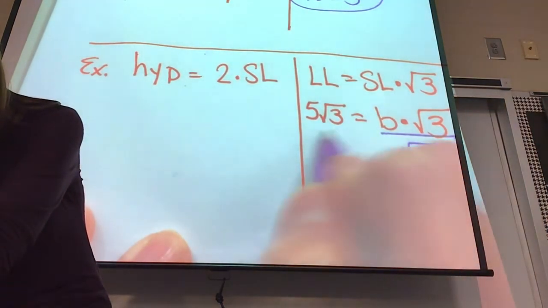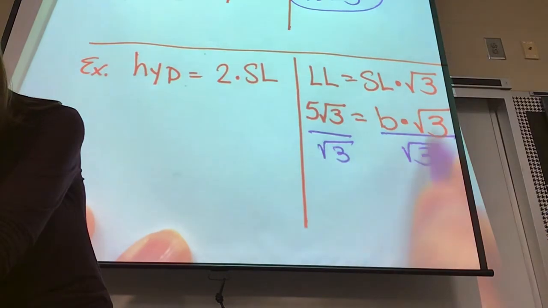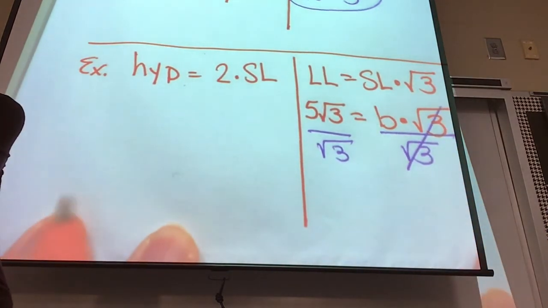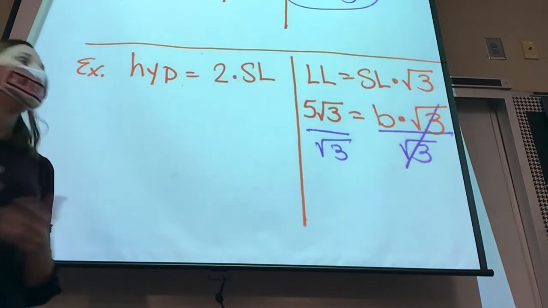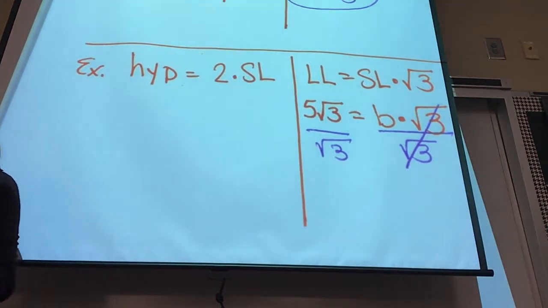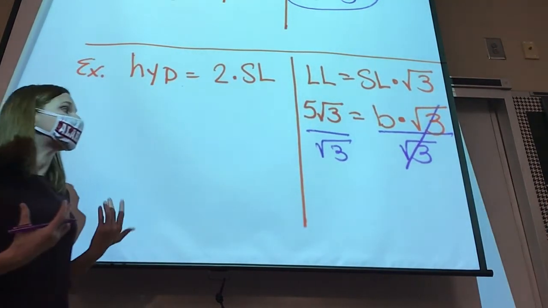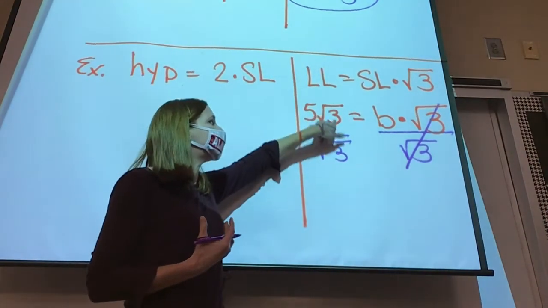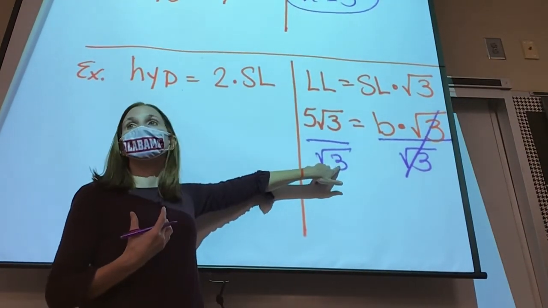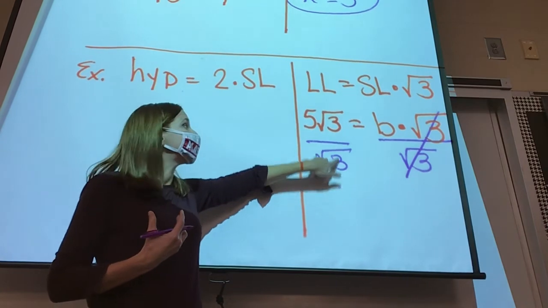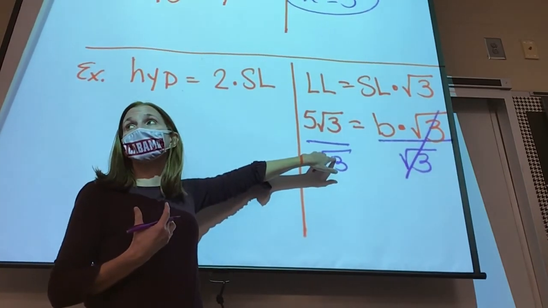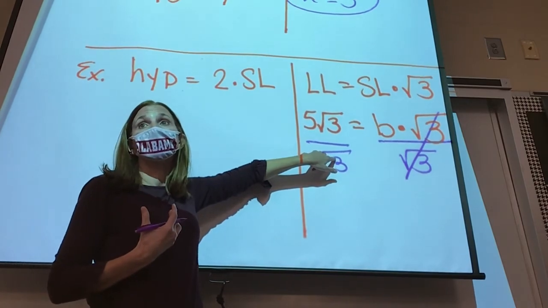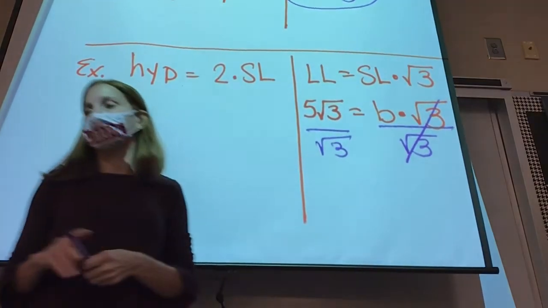So I divide both sides by the square root of 3. So now, just like before, if they were both whole numbers, I could divide. Well, if they are both the same square root, I can also divide. So since both of these are the square root of 3, what's going to happen to the square roots of 3? They're going to cancel each other out.